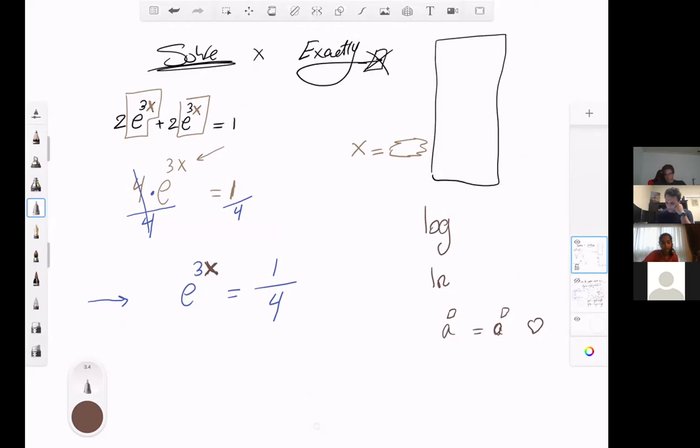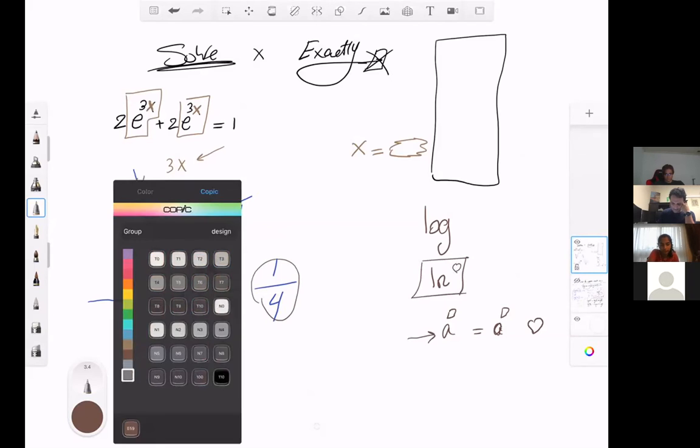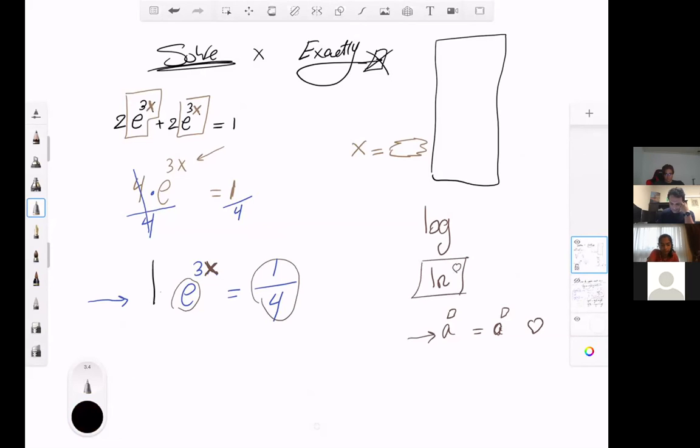So first we try to see if we can make this base equal to that base. And it's impossible. When we learn if there is an e in the equation, we use ln. So I'm going to take a natural log, ln here and ln there.